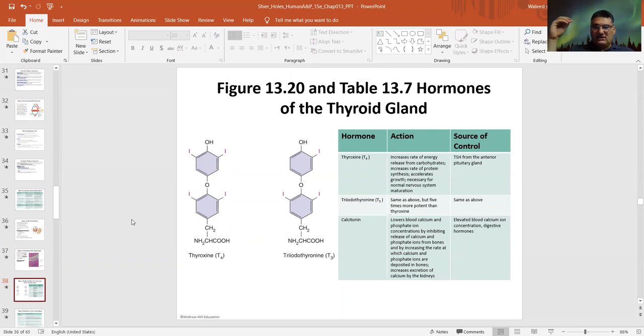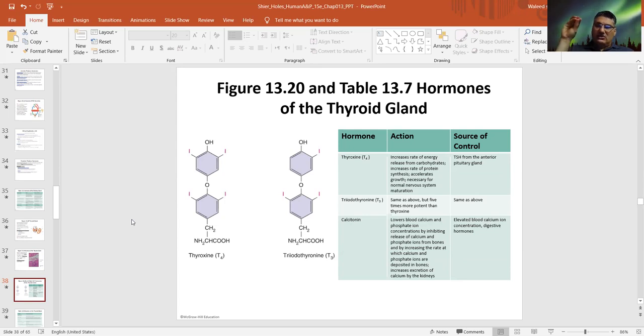So if you think about this sentence, increase overall metabolism, what does it mean? Increase all the reactions of the body. If you increase all the reactions of the body, you will need more oxygen to do these reactions. So you breathe more. One of the functions is to increase metabolism, which increases reactions, which uses more oxygen, which increases respiration.